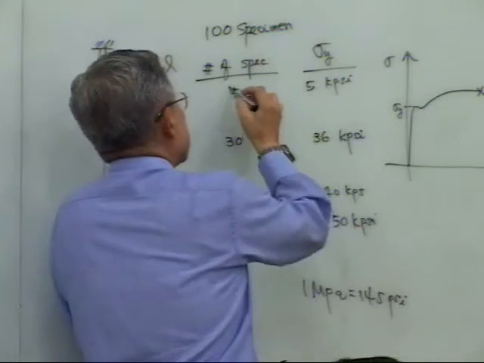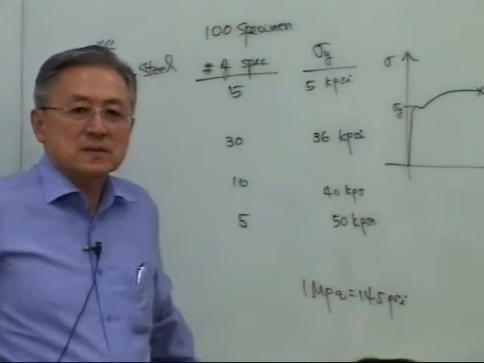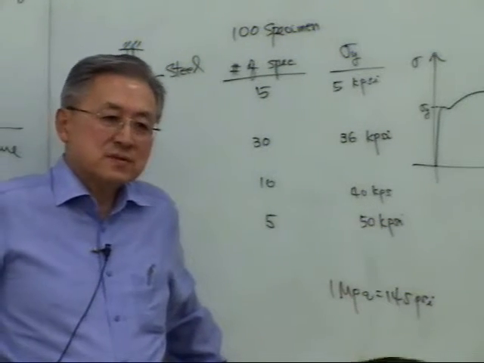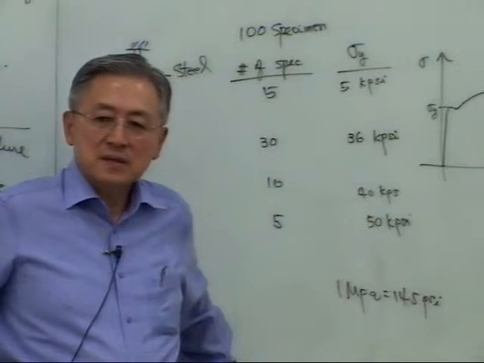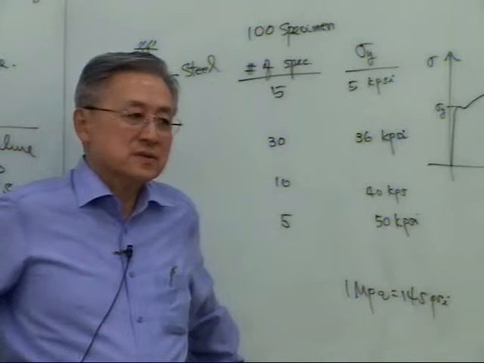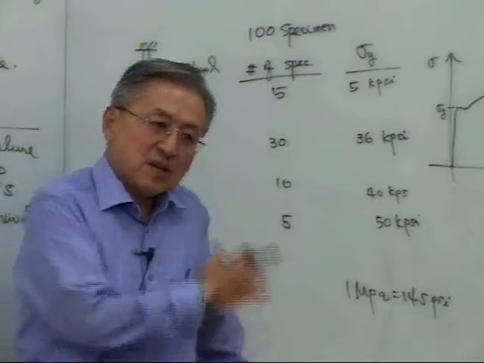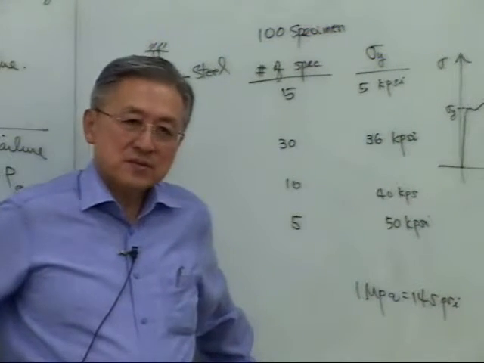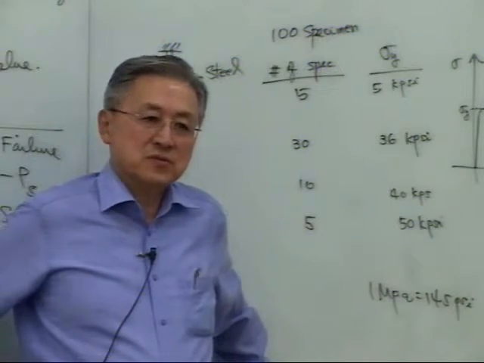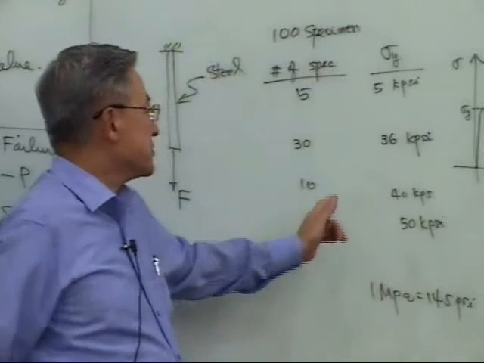Few specimens in that range. Is it realistic? It is realistic. It comes from the same batch, but it has a different strength. It's realistic. Then you can plot this.